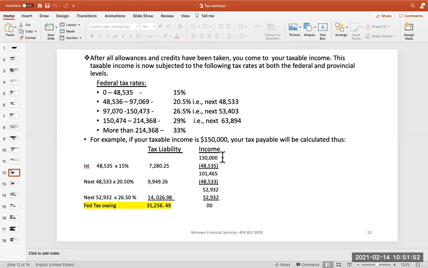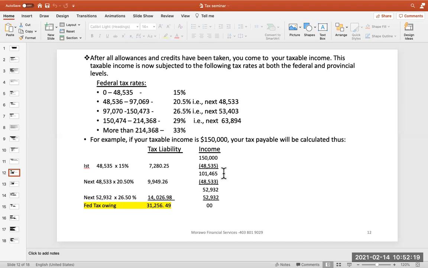So from above, your first 48,533 at 15%, so you pay 7,280.25. So the first amount you are paying tax on, you take it from your gross taxable. So 48,535. What you have left is 101,465.